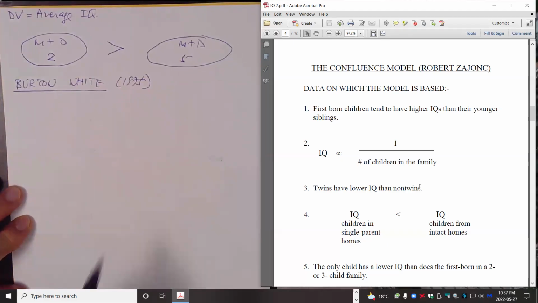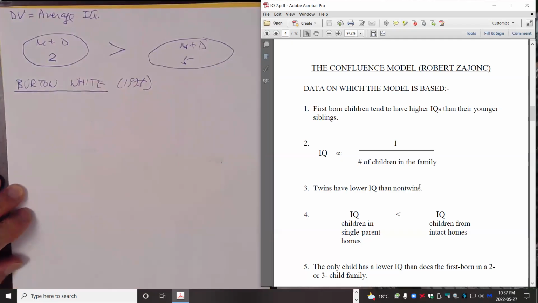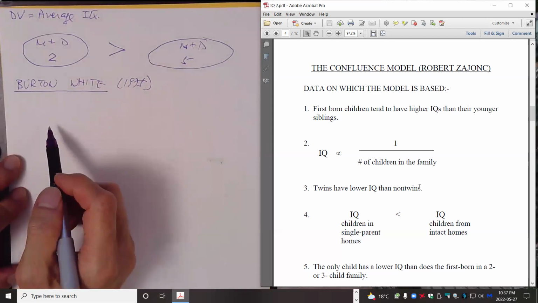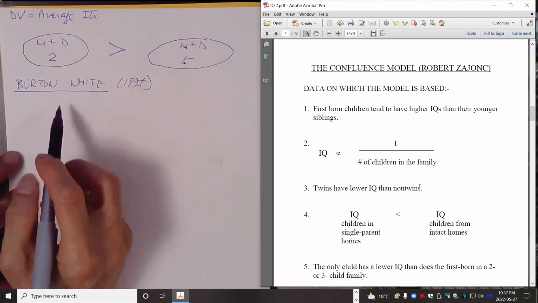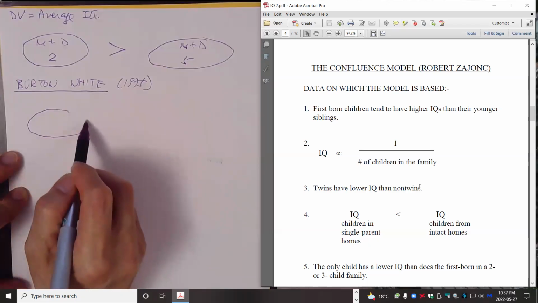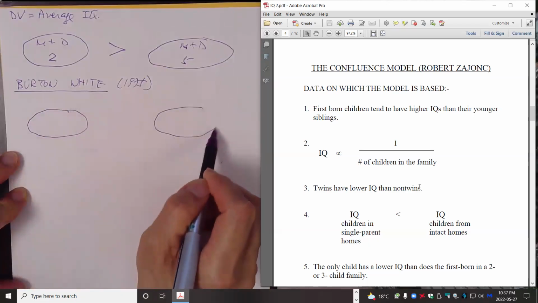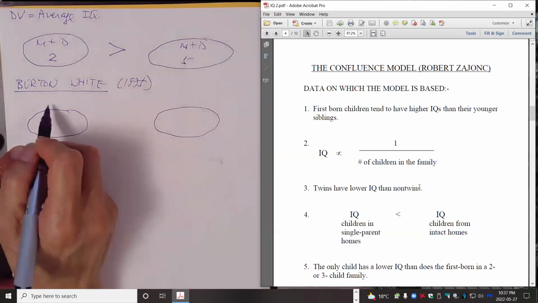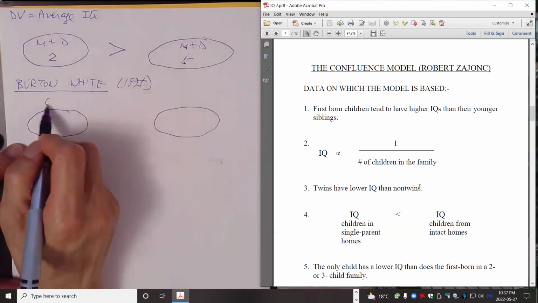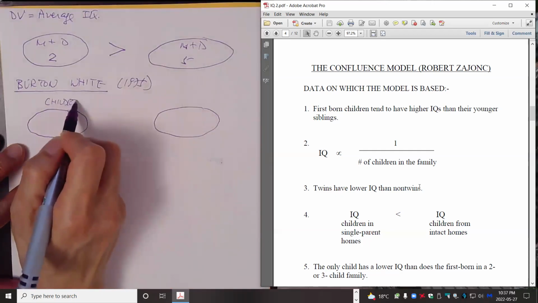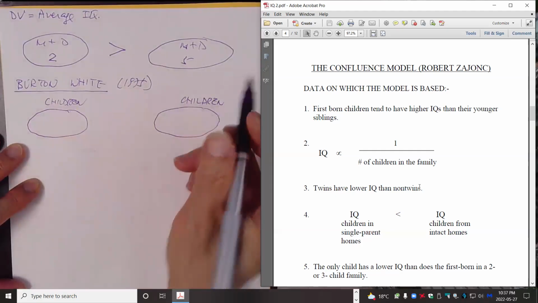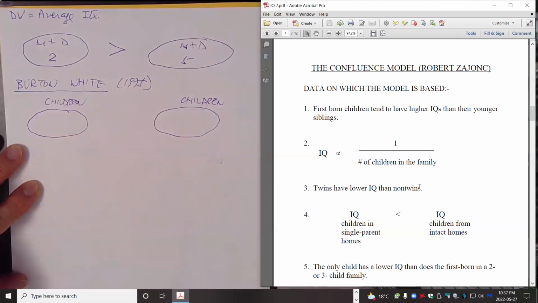And it is supported by a lot of other later papers. All right, now let's say we have 2 families. Let's say we have 2 children.